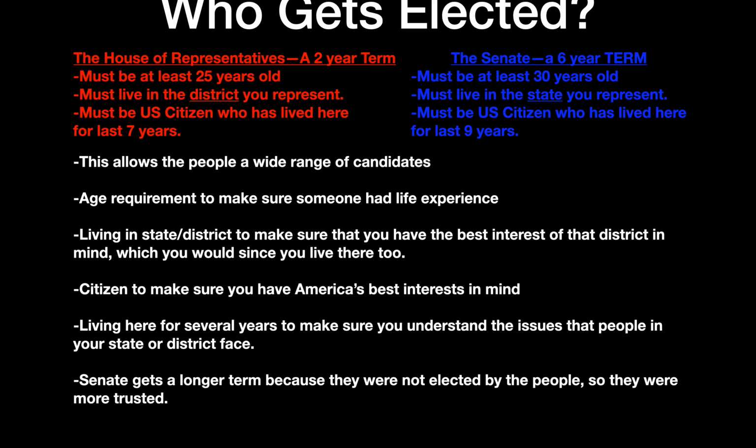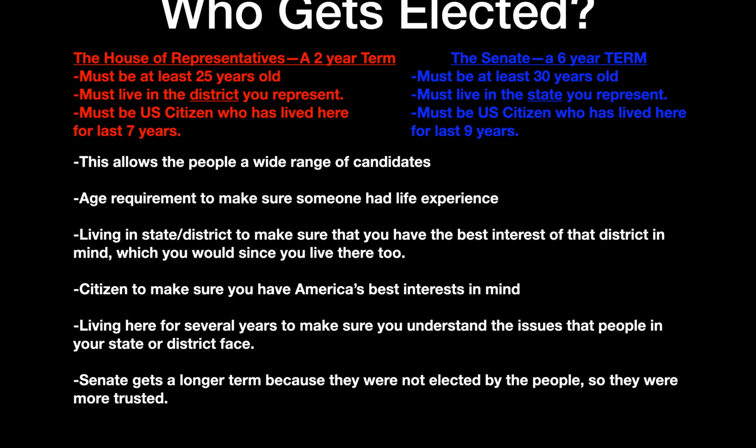So let's say you're a United States citizen, and at age 18, you decide to go to the University of St. Andrews in Scotland. And you get your degree there, and you get a graduate degree, and at age 25, you come back to Maine. Well, you've been in Scotland the last 7 years. You're 25, old enough to run for the House to represent Maine, but you haven't been here.